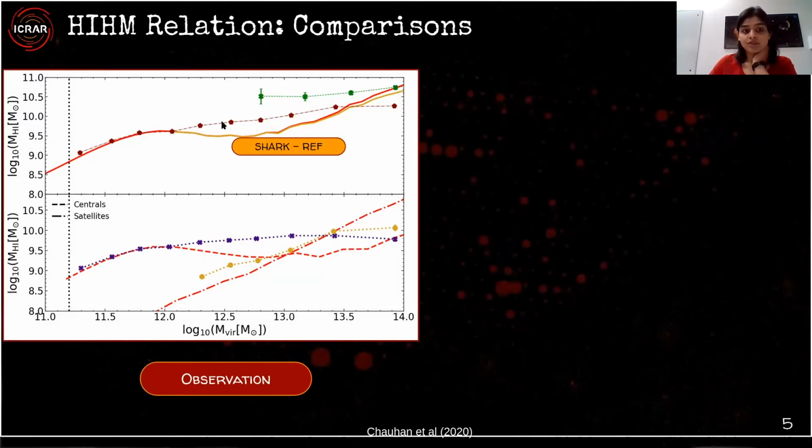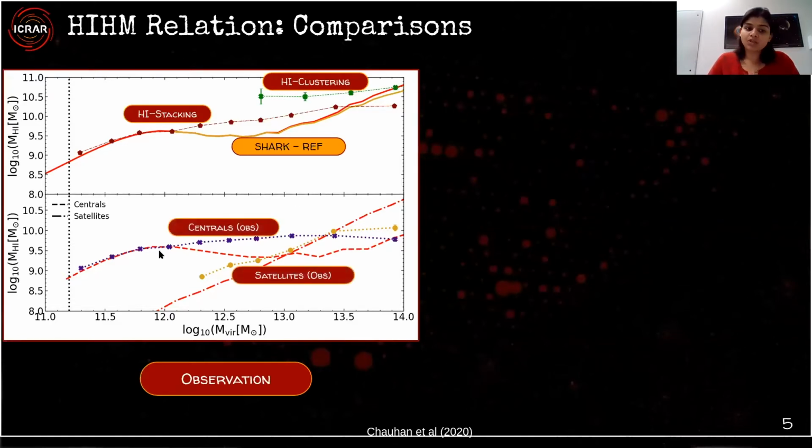The maroon points over here are the HI stacking relation estimates from Guo's 2020 paper. I will be explaining way more about that in a couple of slides. This is just to give an introduction as to what we consider the HI halo scaling relation and how we are comparing it with different observations at this point.